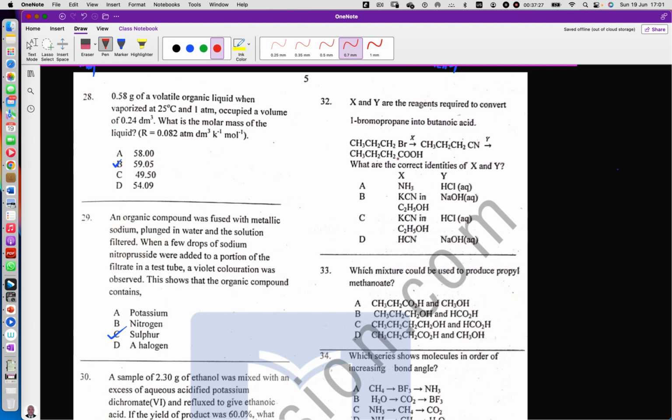Through two steps. First of all, we convert bromopropane to butane nitrile through the addition of a cyanide, and that will be through nucleophilic substitution. The cyanide will be a nucleophile.